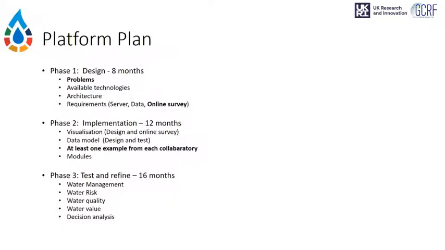The second phase is going to focus on the implementation, visualization, data model, examples from water quality, water risk, water value, and then develop the modules. And then finally, the last phase is going to be the test and refine for all these water management risk, quality, value, and then come to decision analysis.